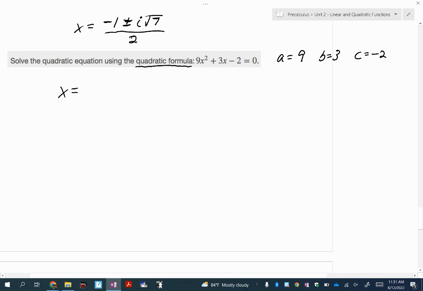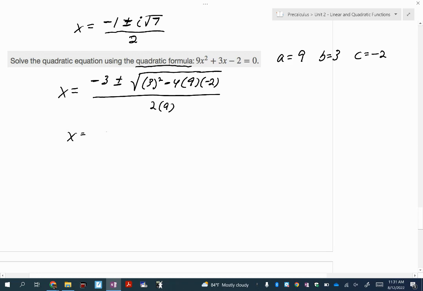So x equals opposite of b, plus or minus the square root of b squared minus 4 times a times c. That's a -2. All over 2a.